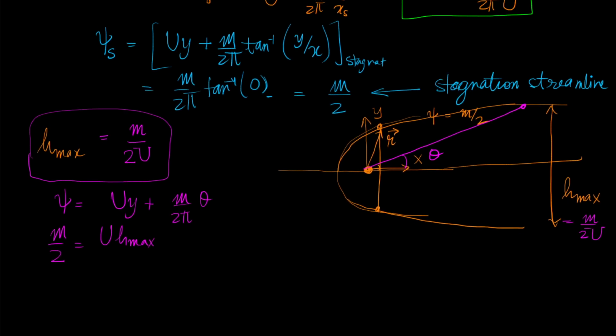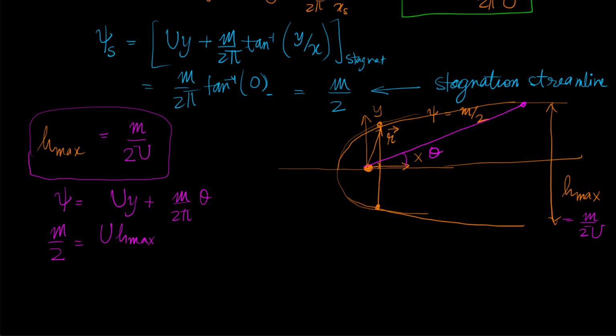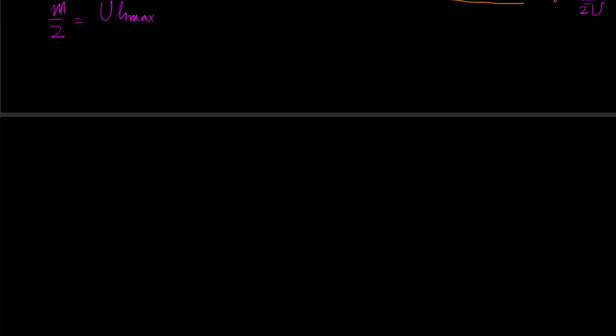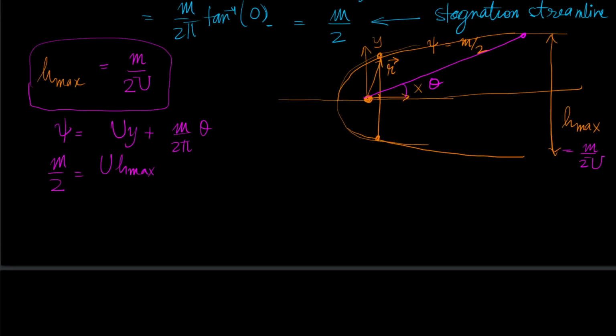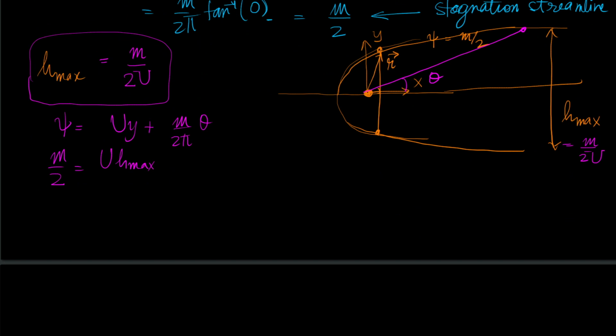So now what do we get from all this? If we have a half body like this, first of all, the stagnation streamline is a streamline across which there is no flow. So that is like a solid boundary where there is no flow going in.